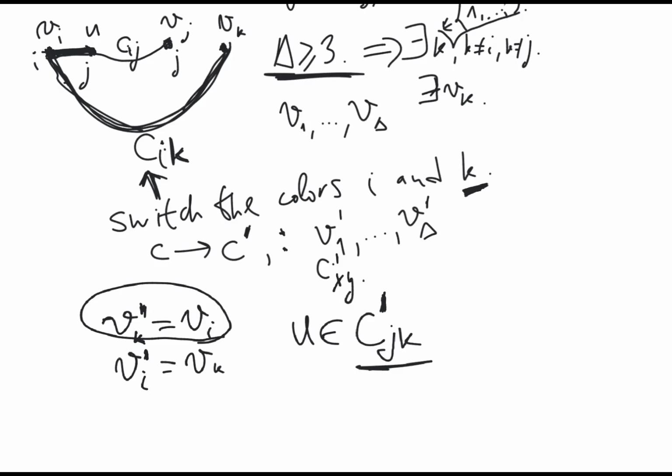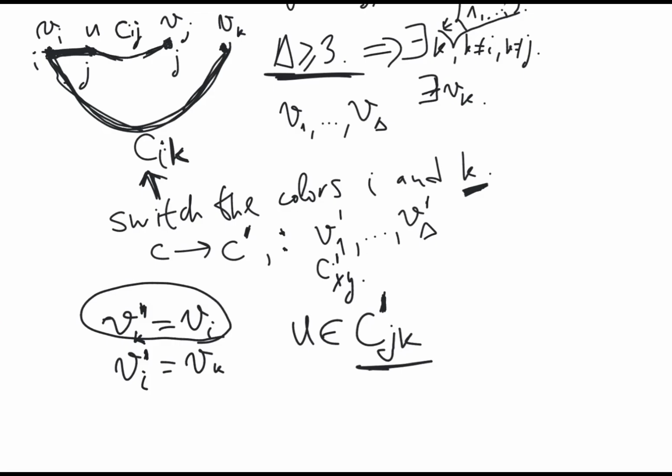Okay, but notice that the remaining part of this path retained all its colors. So there is at least one more vertex here. This is Cij.